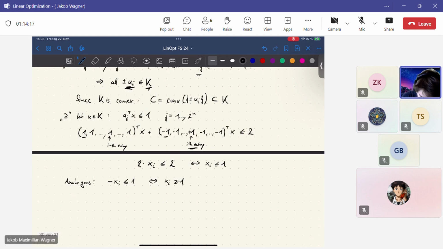We also can choose the vector a_j, which contains again all of the signs of the entries of x. So we have sign x_1 through sign of x_n.